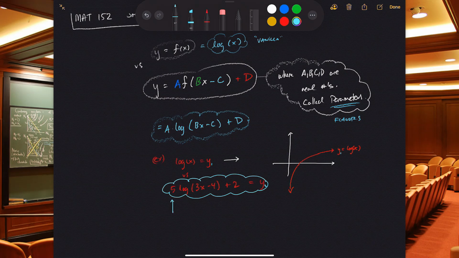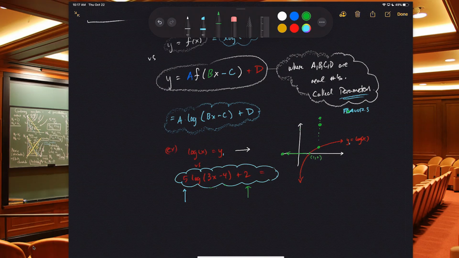This here scales the y value up by a factor of 5, right? So imagine what the y value should have been, say, here. And now that's getting multiplied by 5. So we could imagine it's going to be maybe way up here. And it's also being added a value of 2, a flat value of 2. So it's actually going to be a little bit higher up here. So we might have a graph that's been shifted up if it just had these parameters, this A and this D.